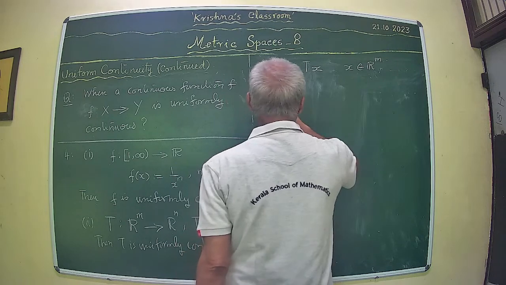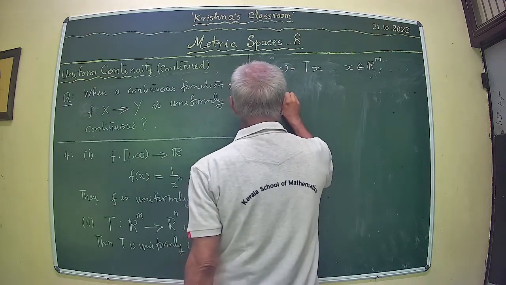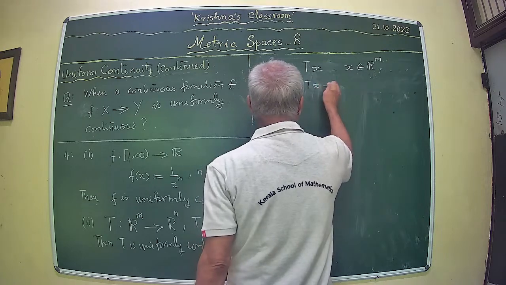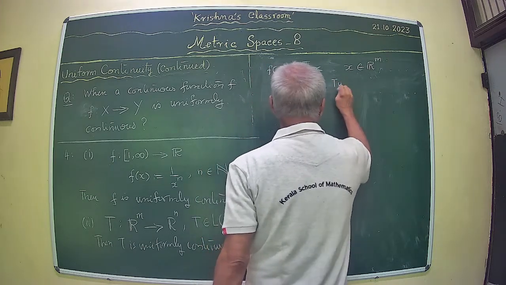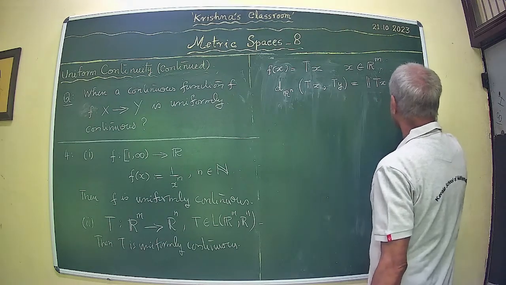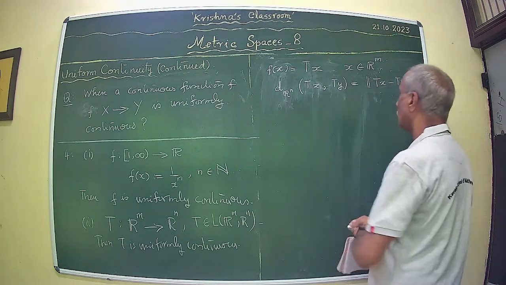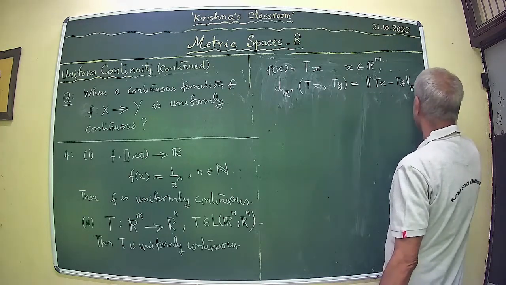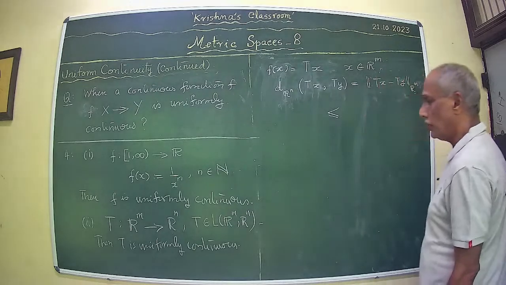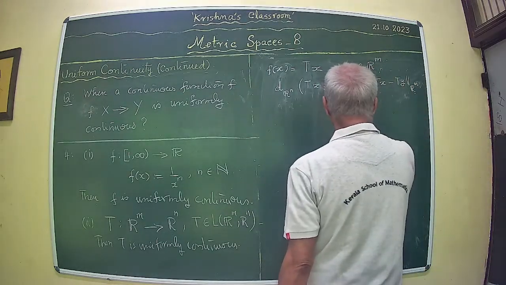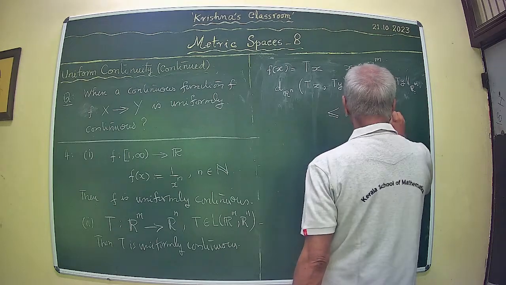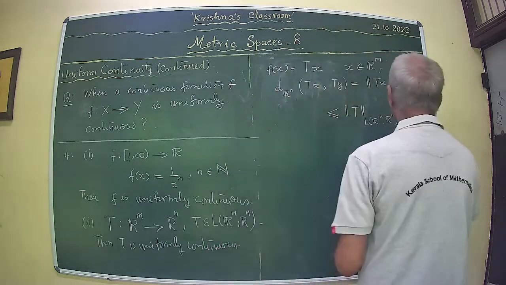See, distance. Rn is the range space, and there is a result which says that T is a bounded linear operator, which means it is equal to norm of T times norm of x.